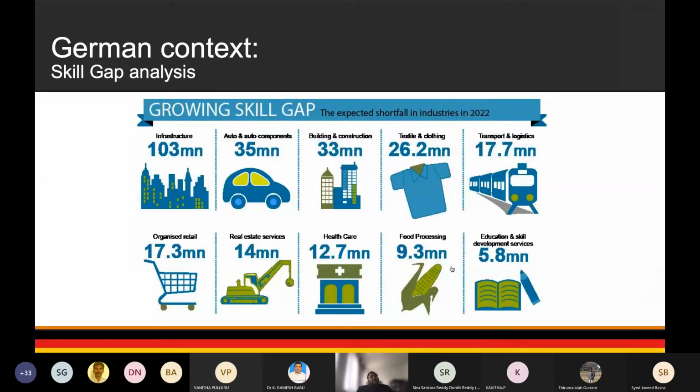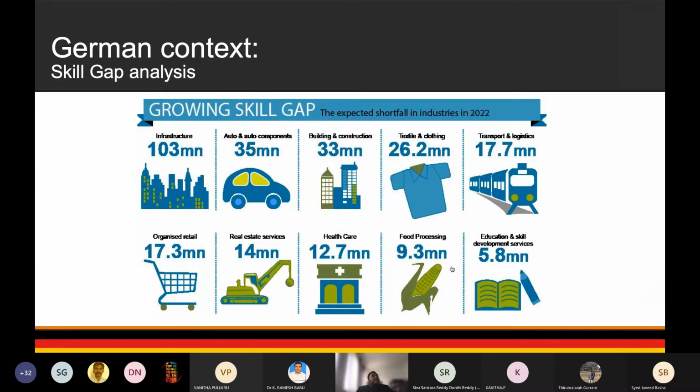Already, in the Indian context, every segment has a large gap of improvement to achieve global standards and reach the global economy. The sectors include infrastructure, automotive components, building, textile, transport, retail, real estate, healthcare, food processing, and education and skill development services.